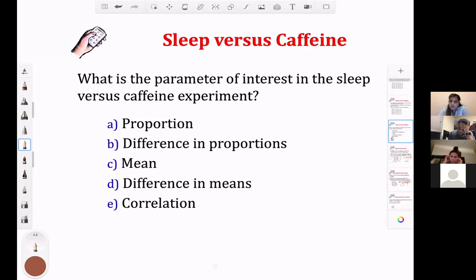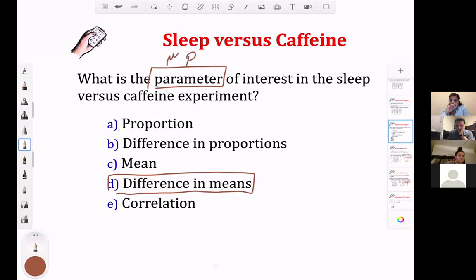Very good. Difference in mean. That's what I meant to say. What is a parameter? A parameter means we are talking about a mean, proportion, correlation, those few that we learned. In this example, the question is right here.